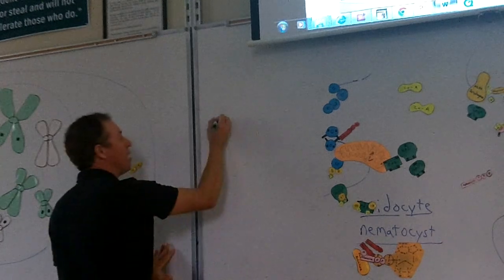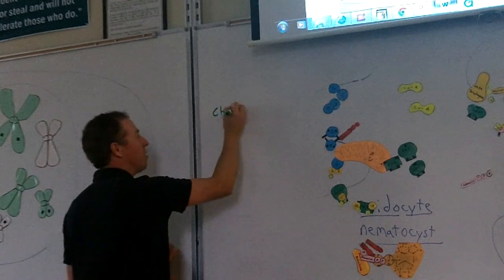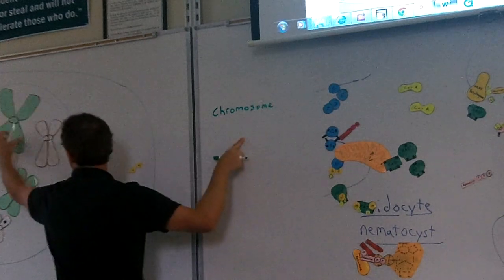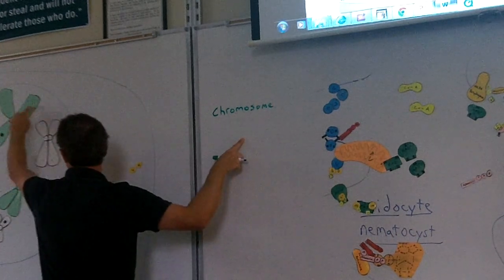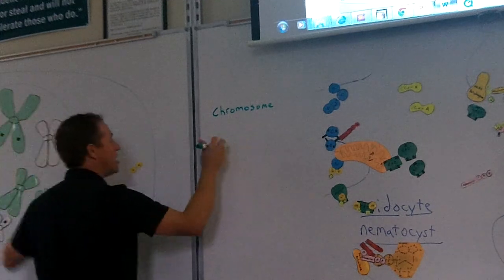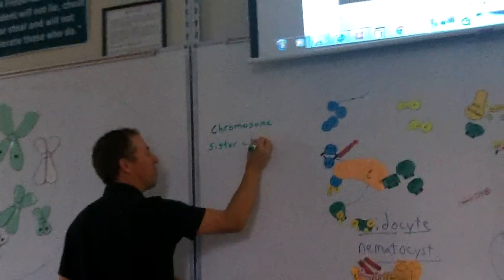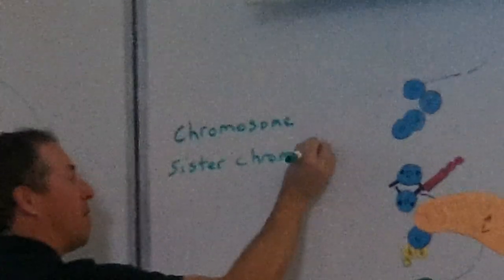Okay, so what was that? Sister chromatid. Okay, so you have a chromosome. A chromosome is coiled up DNA. Each little piece here is called a sister chromatid. And you can see the chromosomes come in different sizes.